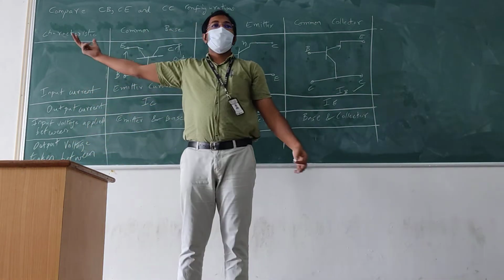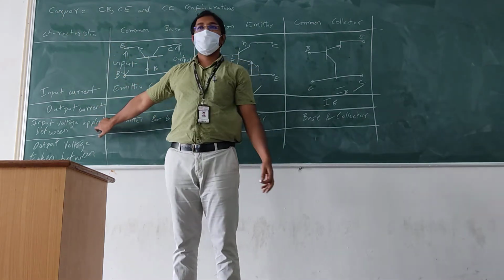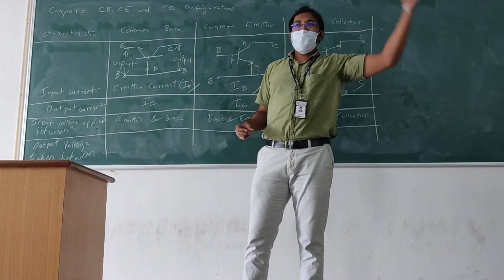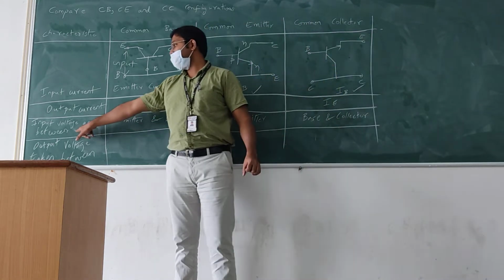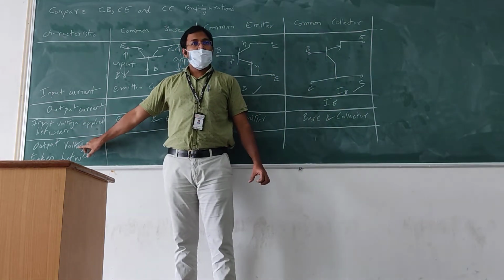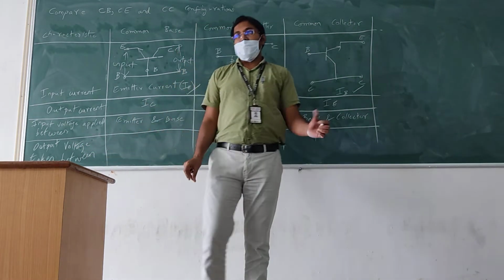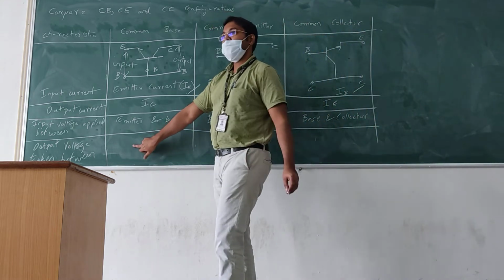See, for any system, input you are applying, output you are taking from the system. That is the reason I have written input voltage applied between, output voltage taken between. So what should we write here?